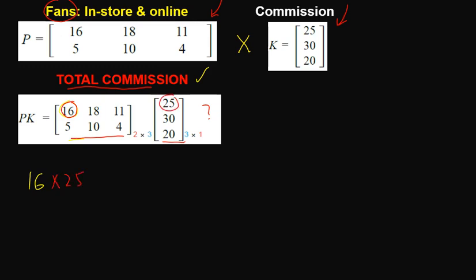And then we plus this 18 we times with 30, and then we plus 11 we times with 20, right? This is for in-store.